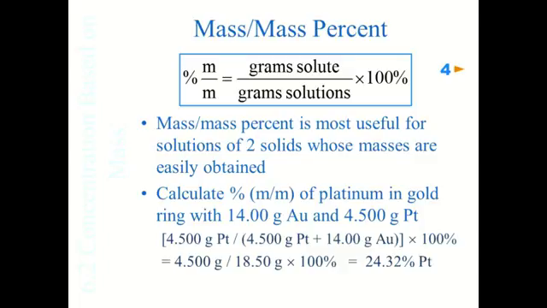You start off with solute on top. So 4.5000 grams on the top, right? You would divide it by not just gold, but the mixture. You see why? 4.500 plus 14.00 grams of gold. Yes, because it's a mechanical mixture, right? Then multiply by 100. Does that make sense?